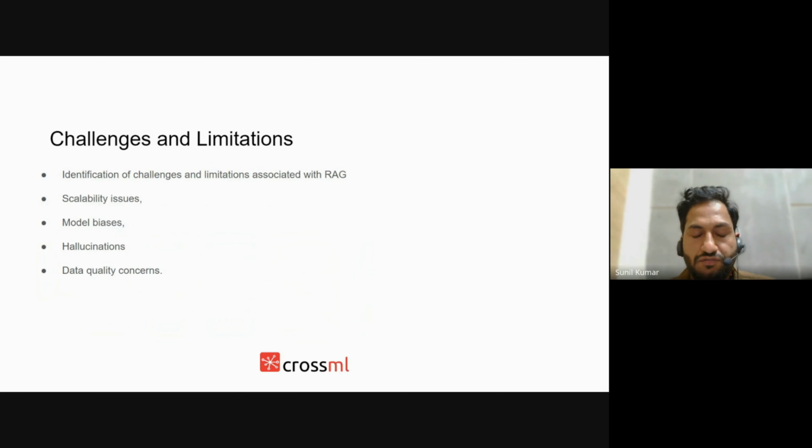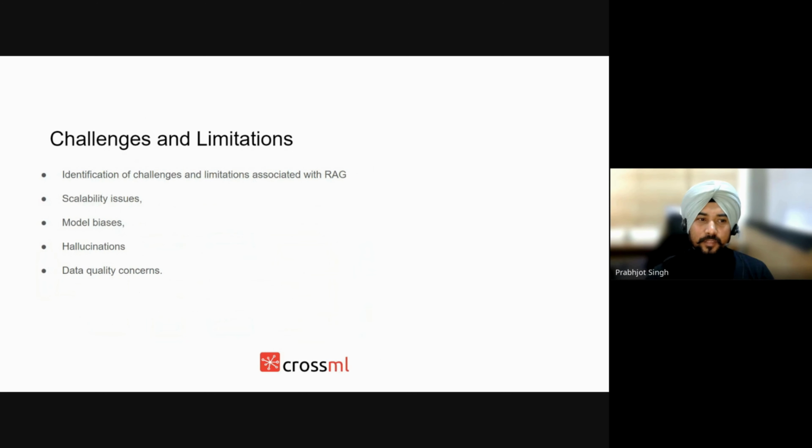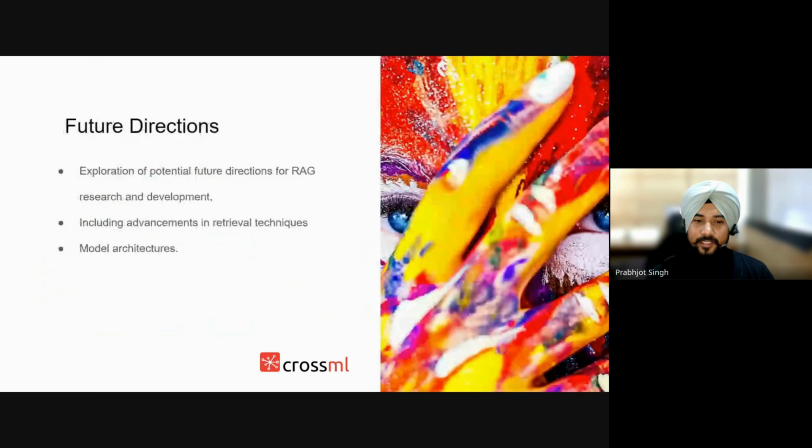So these are the main challenges for developing LLM systems. Right. And what can be the future directions for RAG?